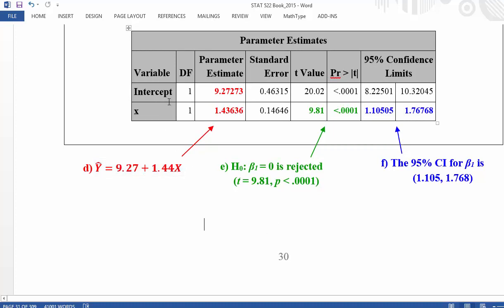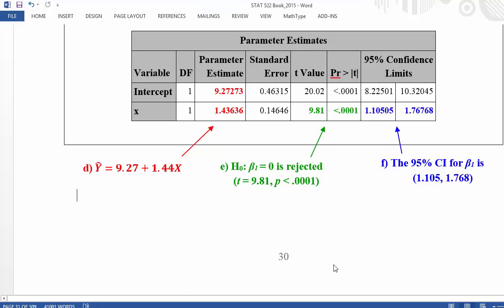So now we're also going to use our parameter estimates table to test the null hypothesis that beta 1 is equal to 0. And we see here that x in our model is highly significant. That means that there's evidence that beta 1 for x is not equal to 0.